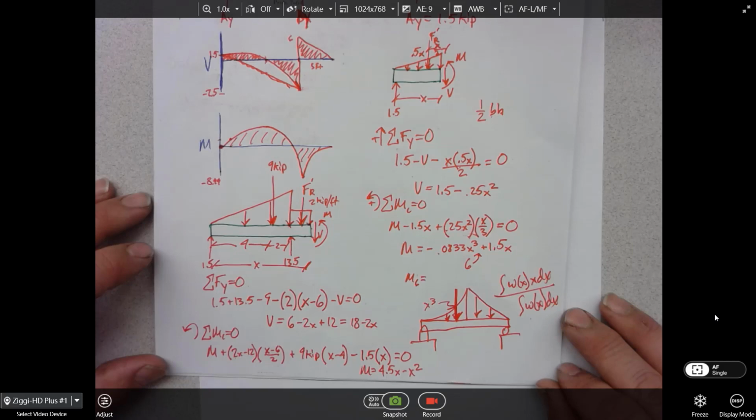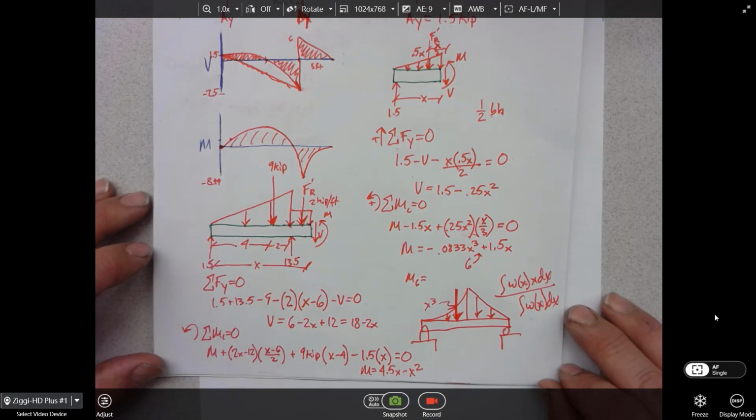X minus 6. Exactly, Michael. Good job. Minus V equals 0. Or V is equal to 13.5 plus 1.5 is 15, minus 9 is 6.